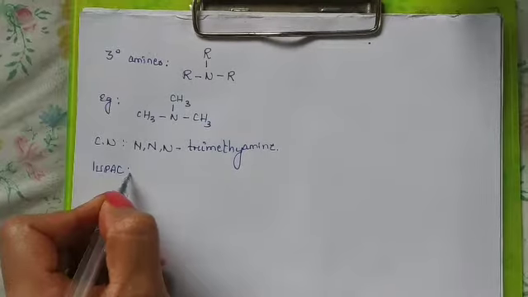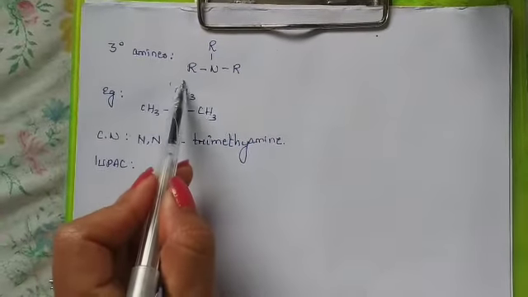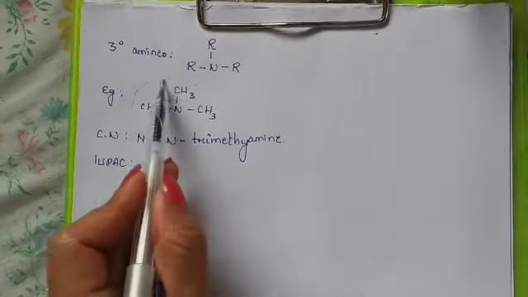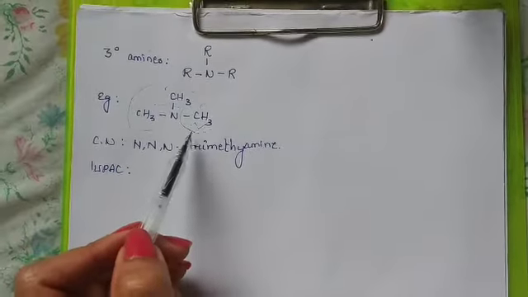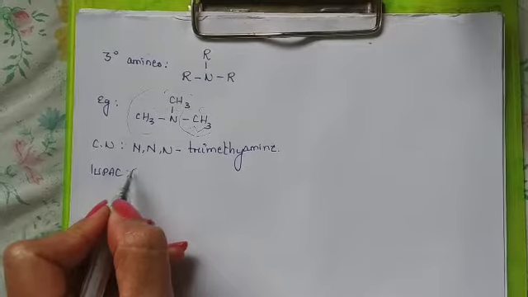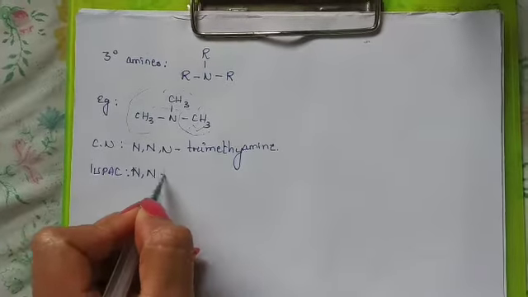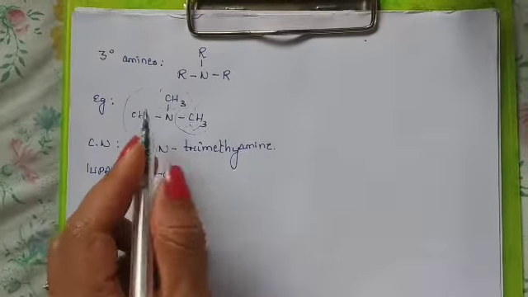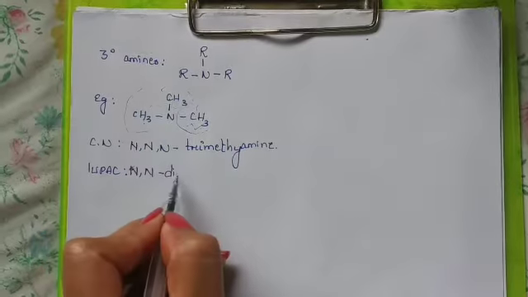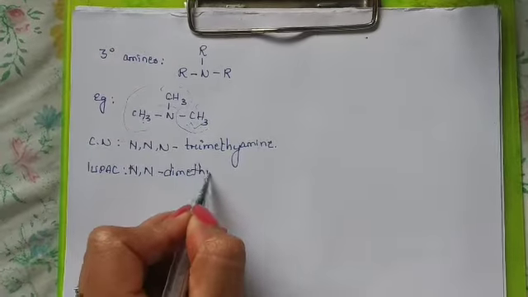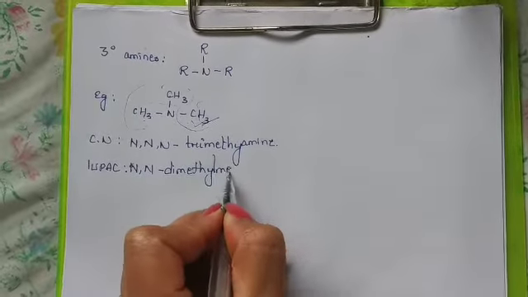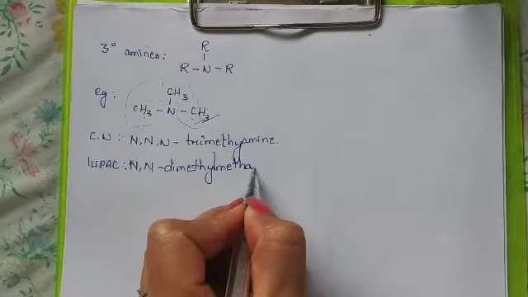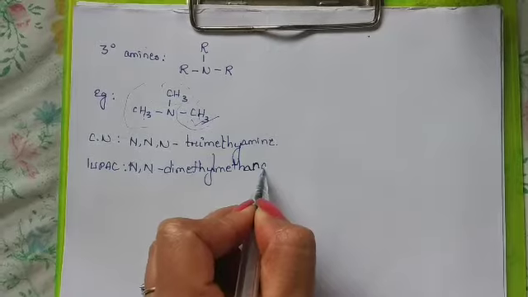will be, now here two groups will be taken as substituents, and then the one group will be taken as the main carbon atom. Therefore, the name will be N,N-dimethylmethanamine. The E will be replaced by amine.